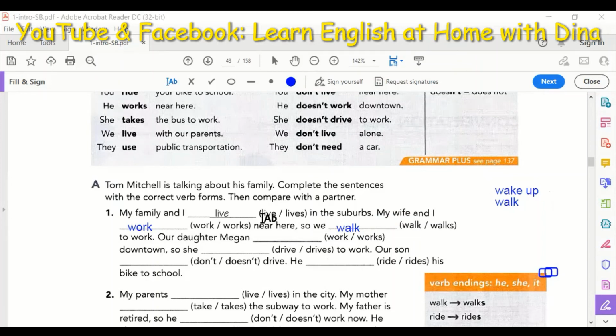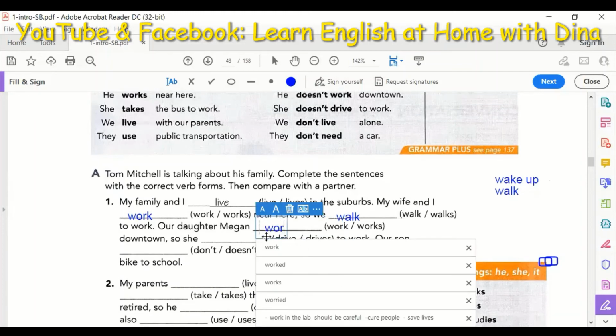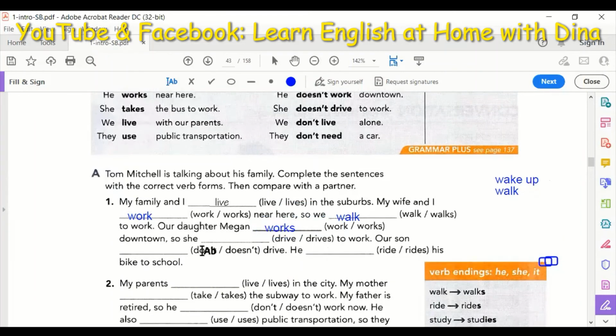So she لا، في ناس كاتبة work، طبعا لا، هي لازم مع s لأنه our daughter ميجان يعني she يبقى لازم استخدم الفعل معاه s. So I say works. Our daughter ميجان works downtown. So she هي ظهرت she بدل ما يقول تاني our daughter ميجان، قال she drive بقى or drives.